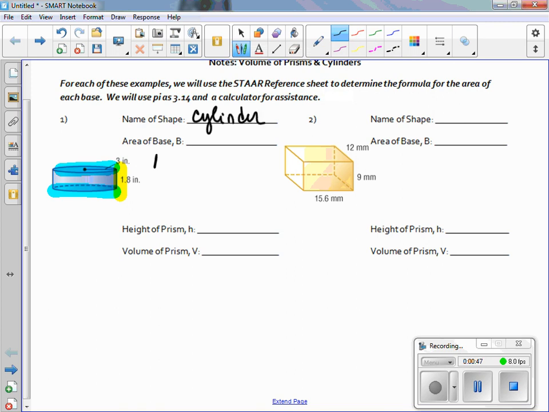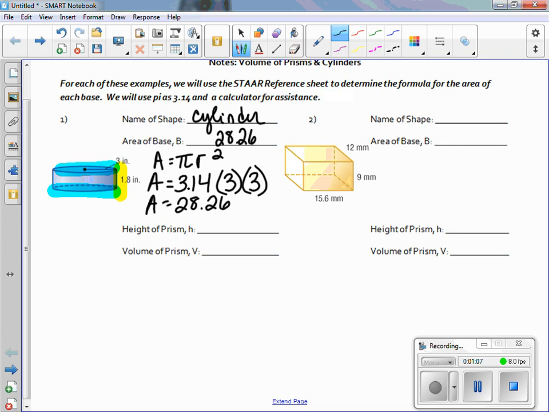To find the area of the base of a cylinder, we do pi r squared. In this case, we're using 3.14, and the radius is 3. When I multiply all of that out, I get 28.26. I know that because I did it with a calculator. So I've got 28.26, and that is inches squared because it's area.